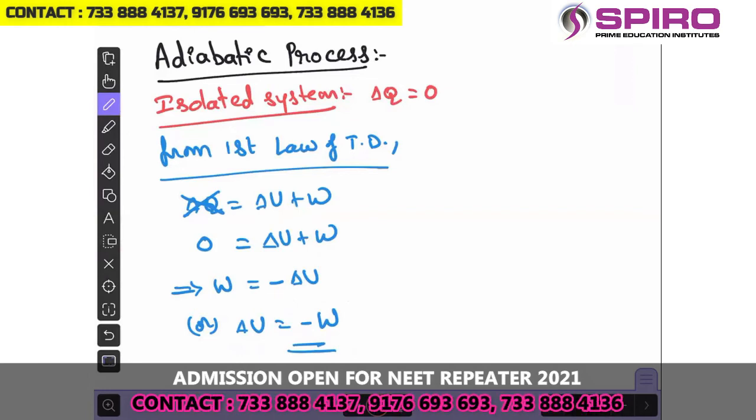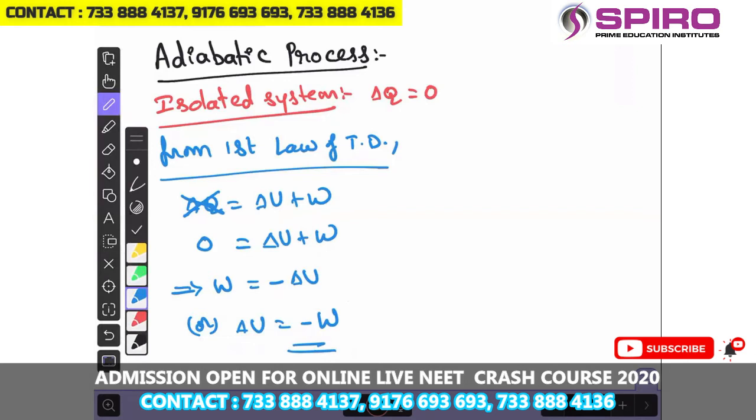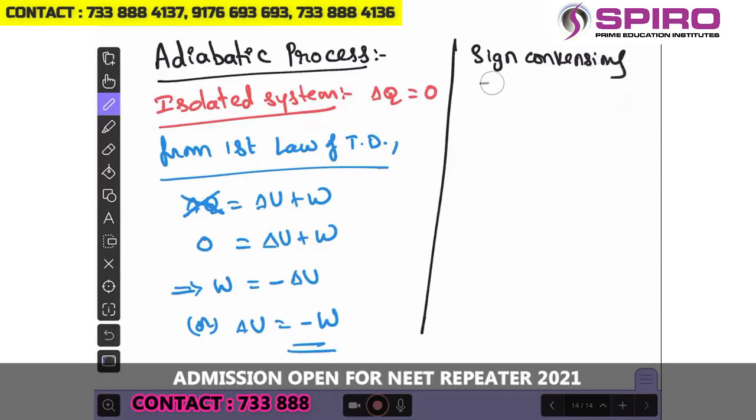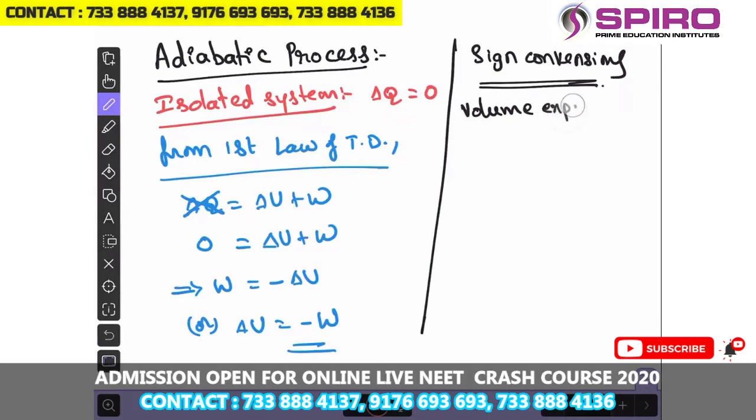I am giving you the sign conventions for work done and internal energy. They are very important here. If volume expands, delta V is positive.